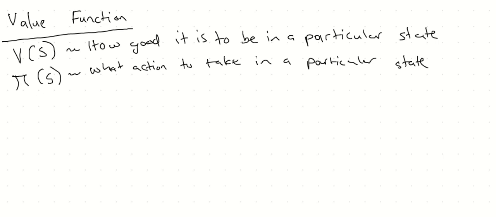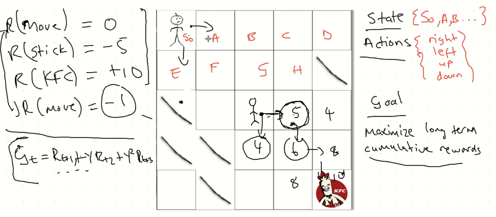So again, in our example here, if we are in this initial state, and we say what is pi of s0, right? And someone says pi of s0 is equal to right. That means that the policy said if we're in state s0, we should move to the right. And then pi of this state is equal to, maybe if we're here, we also want to move to the right.